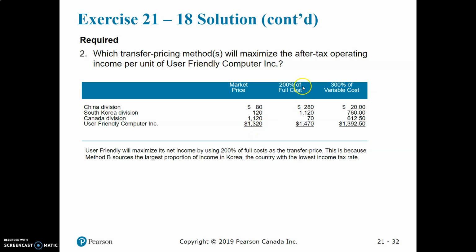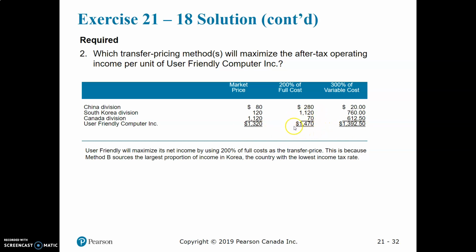For 200% of full cost, you arrive at a total net income of $1,470 for User-Friendly. And for the last transfer pricing method of 300% of variable cost, you arrive at $1,392.50 for User-Friendly Computers.